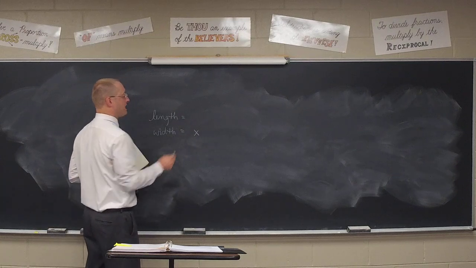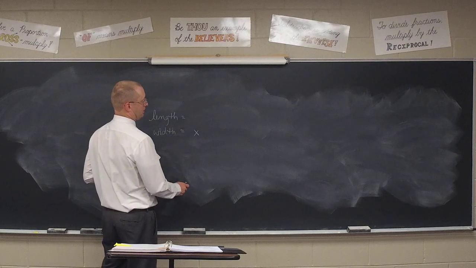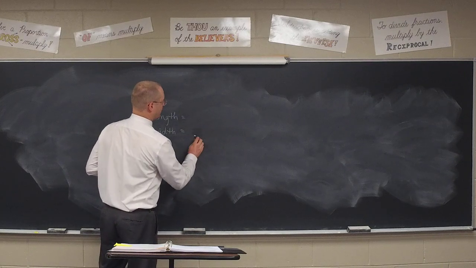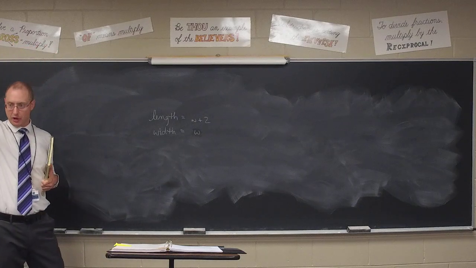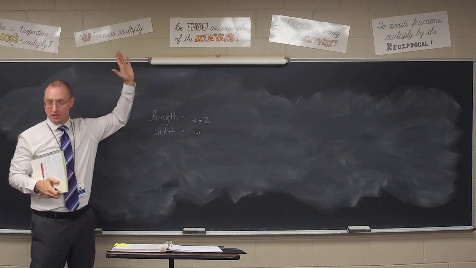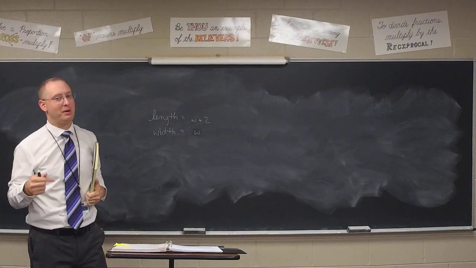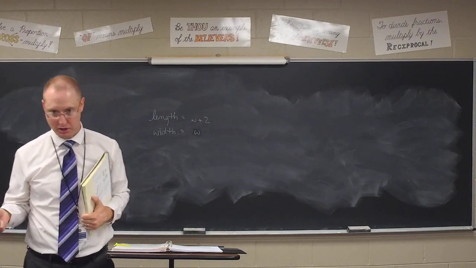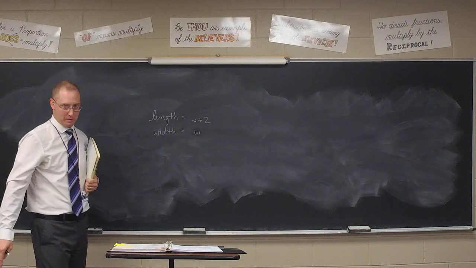So if we let the width be X, how would we show that the length is 2 inches longer? W plus 2. Okay, so you didn't call it X, you called it W, that's fine. So W plus 2. How many have the width as X or whatever variable, and the length as that variable plus 2? Now, we've seen a few of these by now. Perimeter, class, is not length plus width. So we won't say 2W plus 2 is the perimeter.